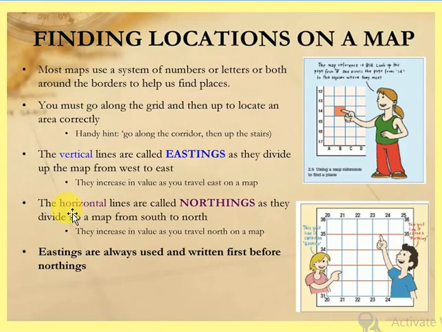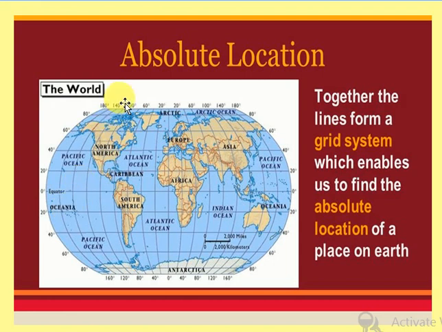Now, there is another important location, that is your absolute location. What is absolute location? Absolute location indicates position based on the coordinates of a grid system. You can see coordinates. These are all coordinates, latitudes and longitudes.